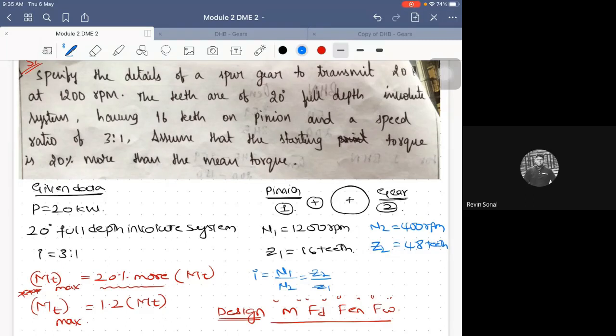Whether to take that value, where to take it, how to take it, whether the taken value is correct or not, how to check it. This does not come via textbook, reading notes, or simply solving. It is all about discussion and interaction. Then only you will get to know the concepts.